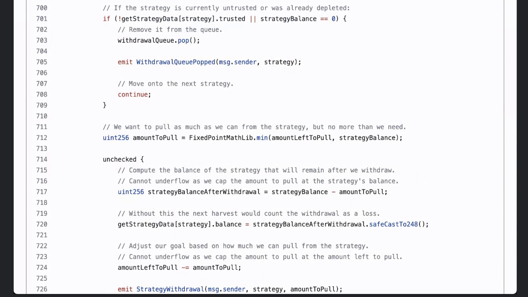Okay, so with that, this next harvest would count the withdrawal as a loss. So what do we have here on 720? Get strategy data, strategy dot balance equals strategy balance after withdrawal. The comment is almost confusing you more if there wasn't a comment there.